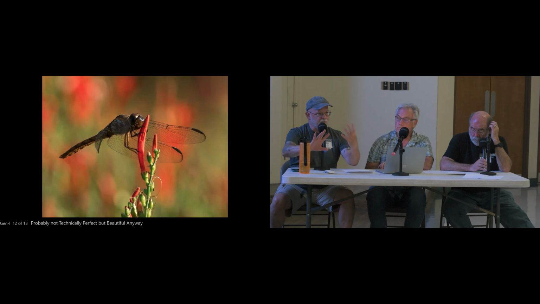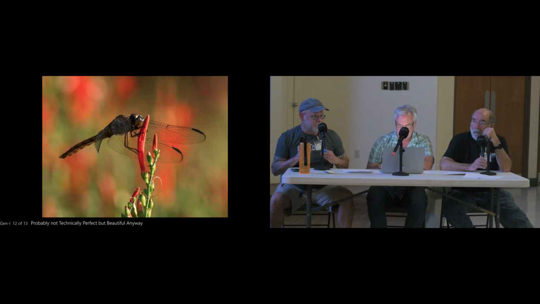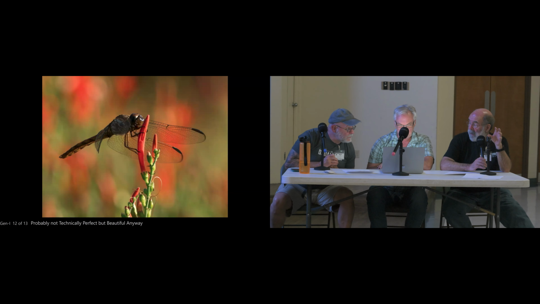It's beautiful. We don't want to lose it, but we don't want it to be the focus, because the title tells us, well, probably not technically perfect, but beautiful anyway. Maybe that's everything the maker wanted. I don't know. Okay, but it is. So lots of great stuff here. But I think that they left some money on the table. This would be an opportunity to use a speed light off camera, permanently set up.